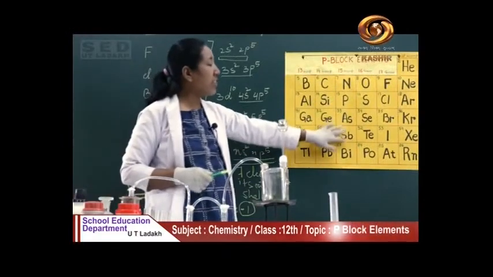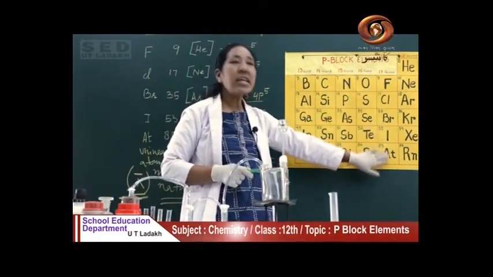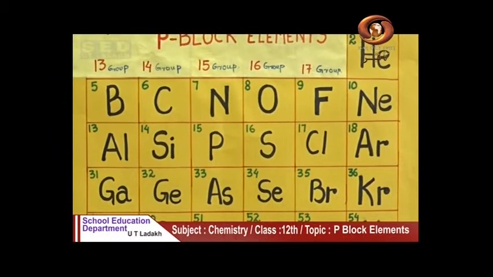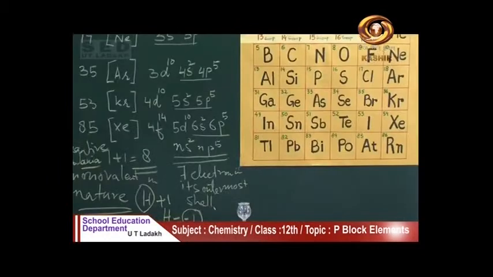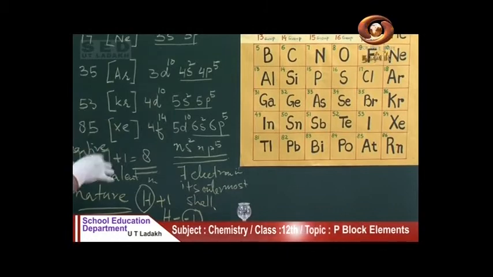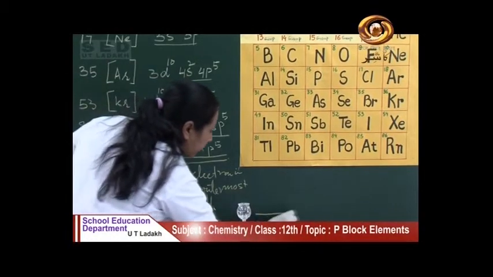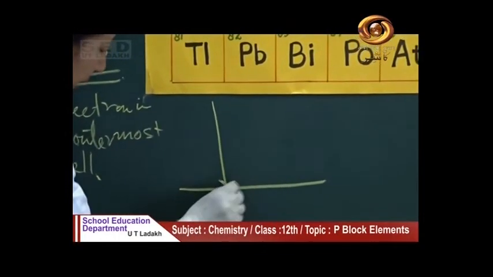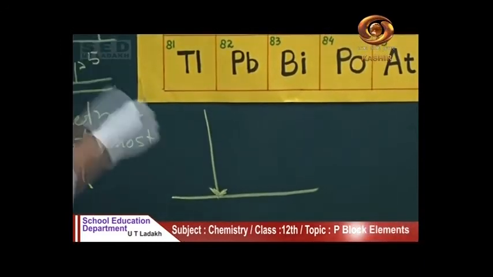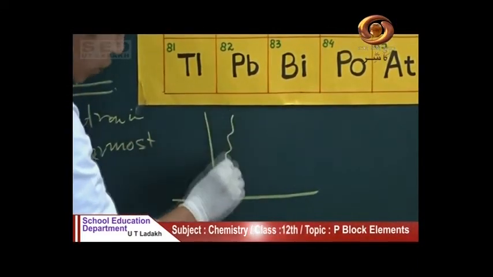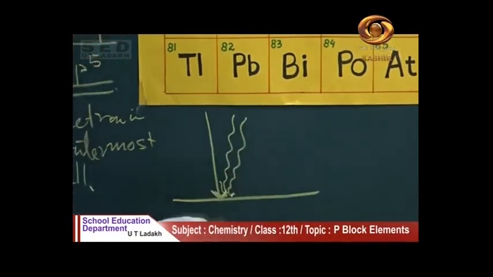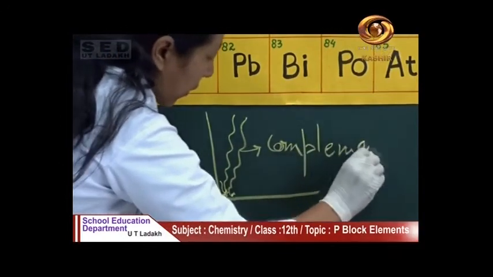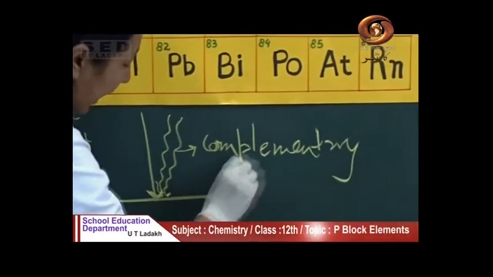All the halogen family atoms are colored in nature. The reason is that they absorb light from the visible region and form a complementary color.